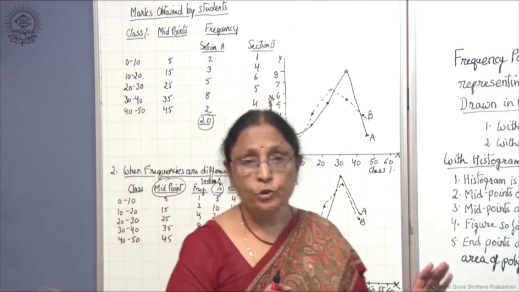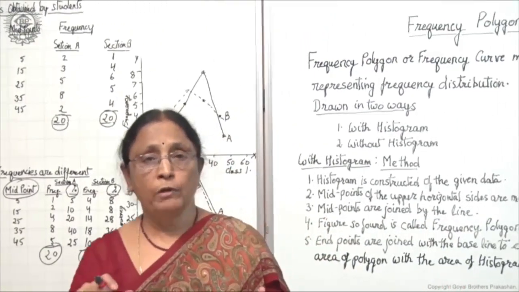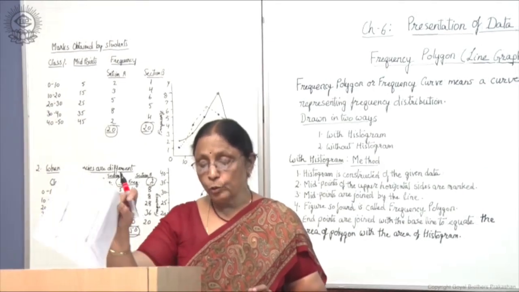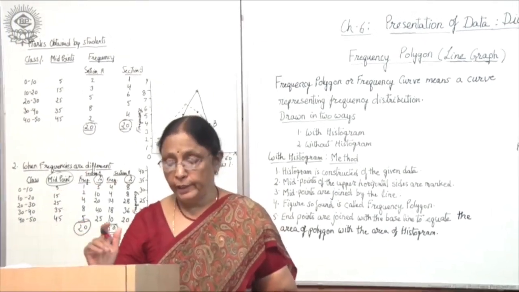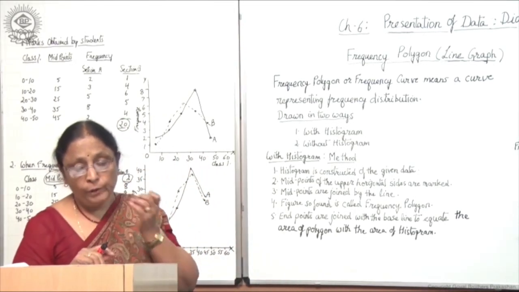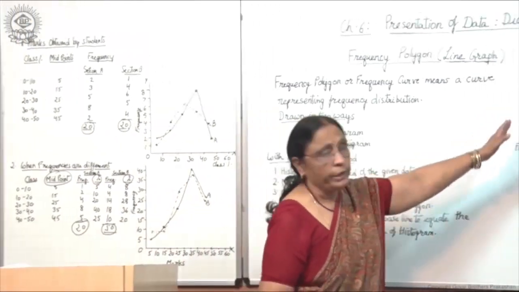So this way the histogram can be drawn in both ways, and two curves can be drawn in the same diagram. Certain things you should keep in mind: always represent the lower limit of each class on the x-axis and frequency on the vertical axis.